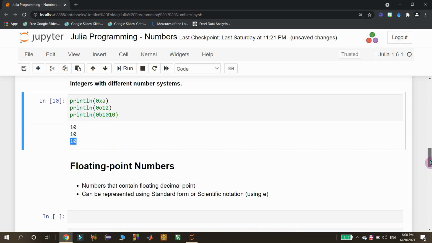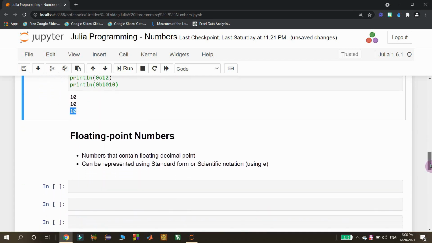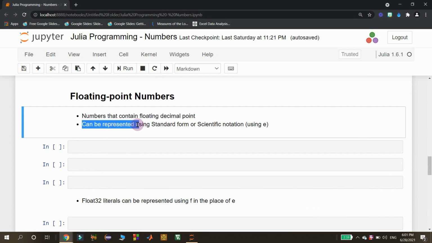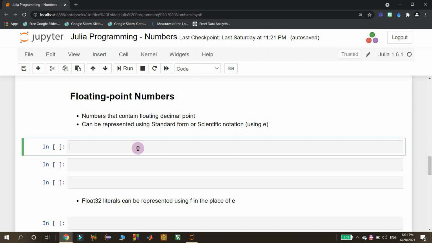Now I am considering the next type of numbers, floating point numbers. Floating point numbers are the numbers which contain a decimal point. We can represent a floating point number by using the standard form with the decimal point, or by using scientific notation with the letter E. I am taking a variable f1 and assigning the value 13.7.